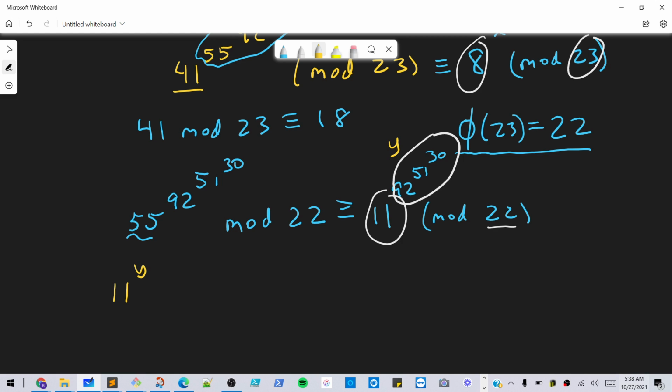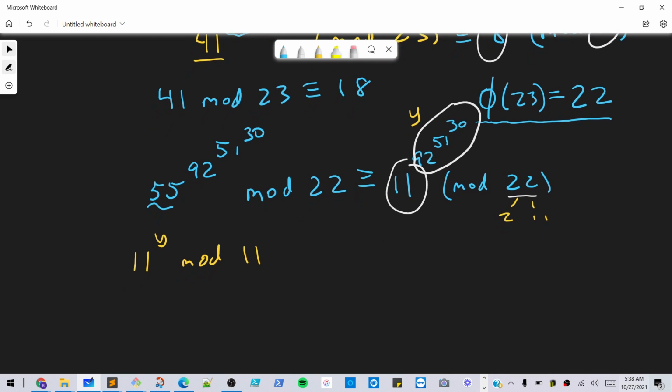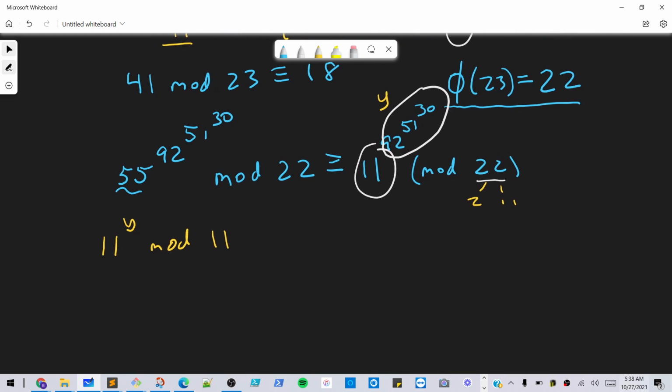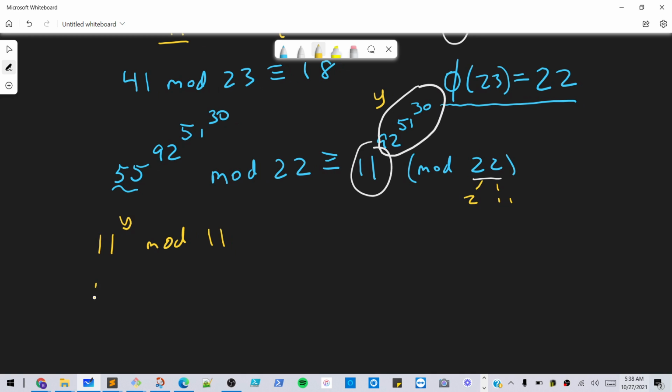So we'll say 11 to the y, and this, like I said, is 2 times 11. So we'll break this into two equations. Basically heading for the Chinese remainder theorem. Okay, like that. And then we can look at these each separately.